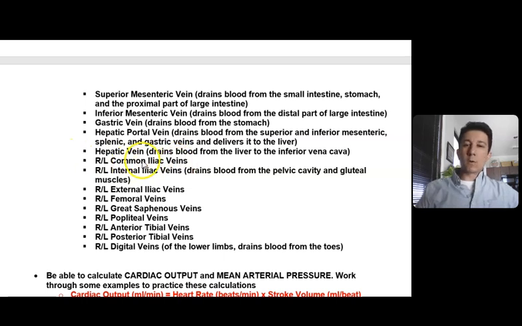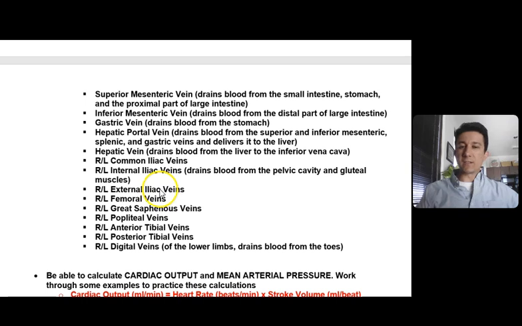Moving down into the lower limbs, we have the common iliac veins, which are receiving blood from both the internal and external iliac veins. Internal iliac veins, as their name implies, are receiving blood mostly from inside of the pelvis, and so they drain blood from some of the smaller blood vessels in the pelvic cavity, as well as the gluteal muscles.